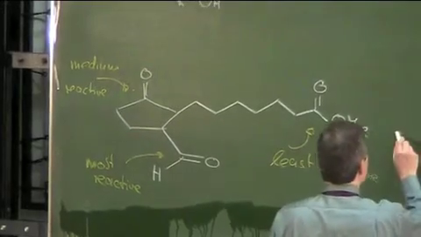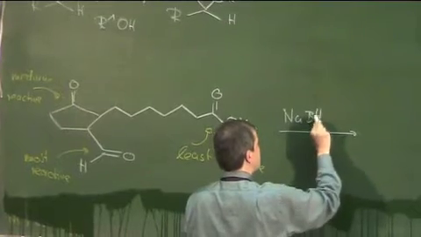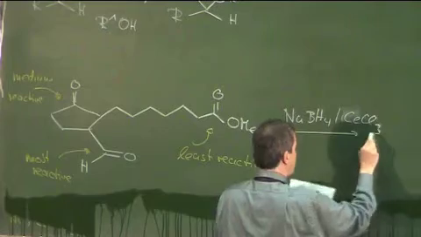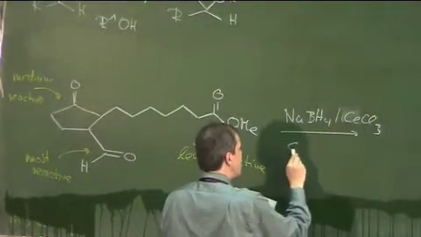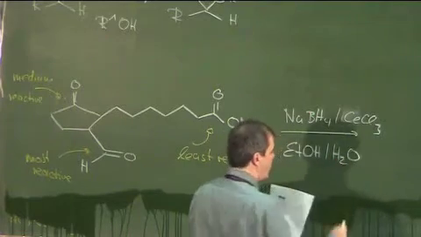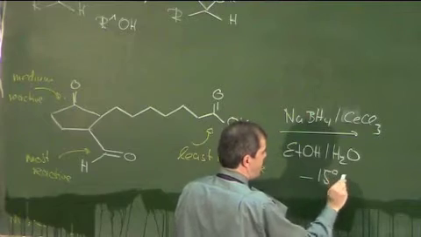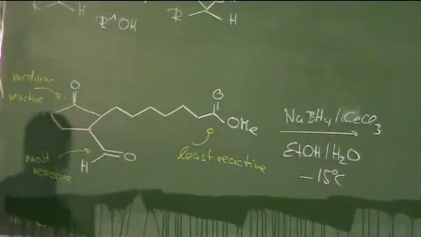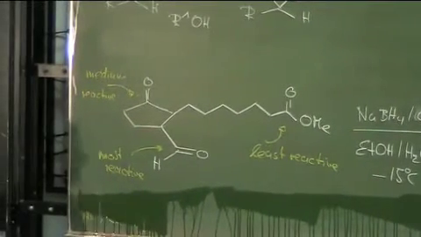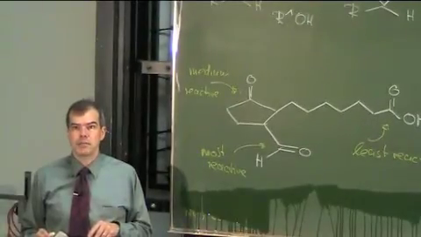However, if you do now this protocol, sodium borohydride, cerium trichloride, and you do it in a mixture of ethanol and water, minus 15 degrees, this is not only the most reactive functionality for reduction, but it is also the most reactive functionality for ketalization.